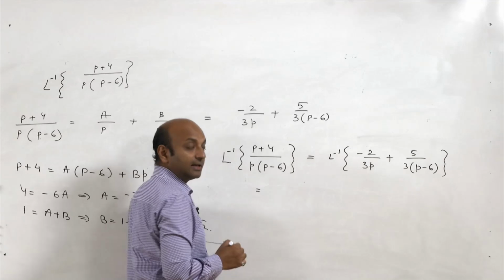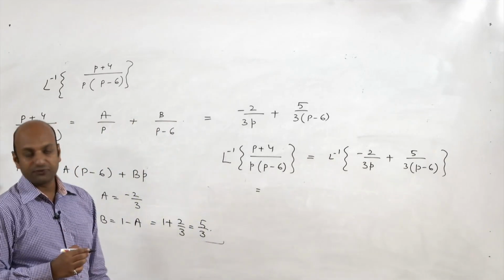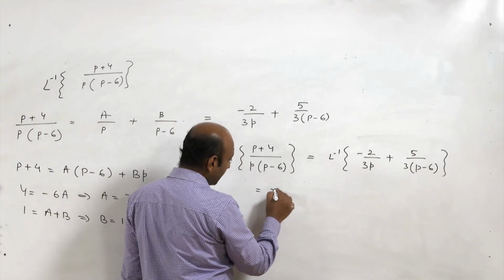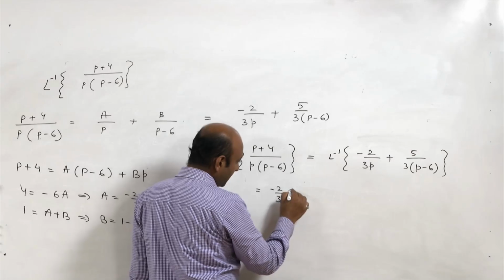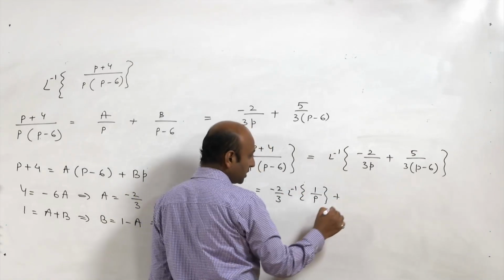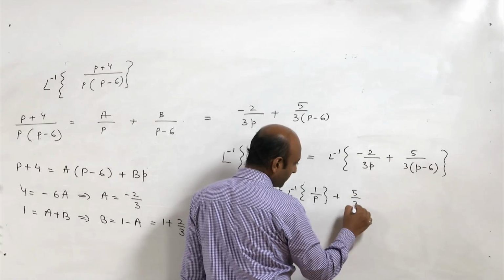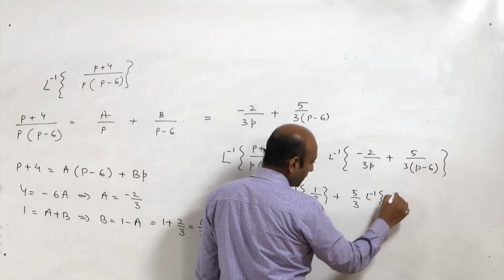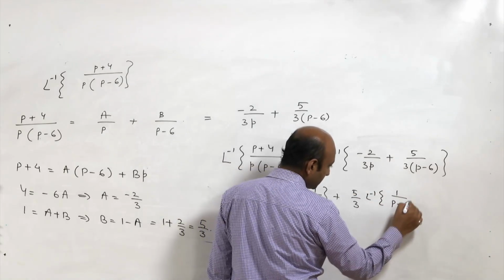So again, by the linearity property of inverse Laplace transforms, this is nothing but minus 2 by 3 Laplace inverse of 1 by p plus 5 by 3 Laplace inverse of 1 upon (p minus 6).